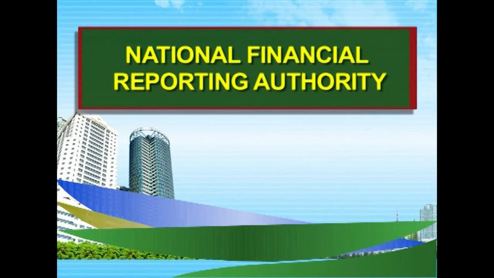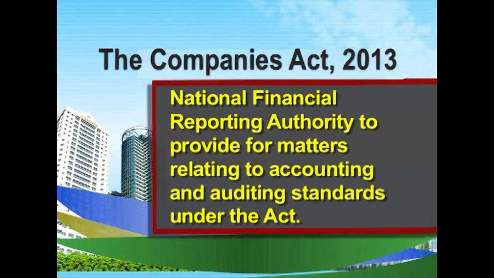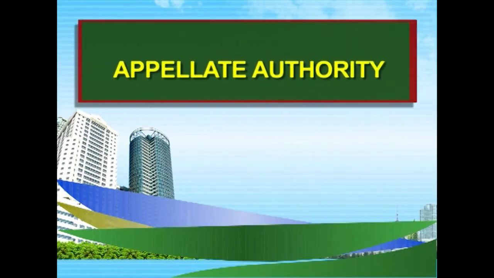National Financial Reporting Authority. According to section 132 of the Act, the central government has to constitute an authority known as National Financial Reporting Authority to provide for matters relating to accounting and auditing standards under the Act. Appellate Authority.